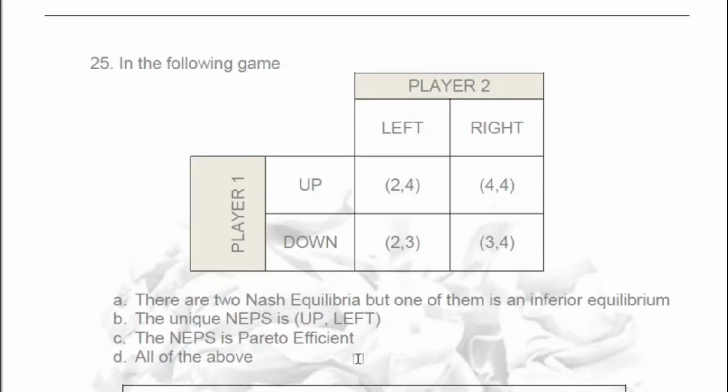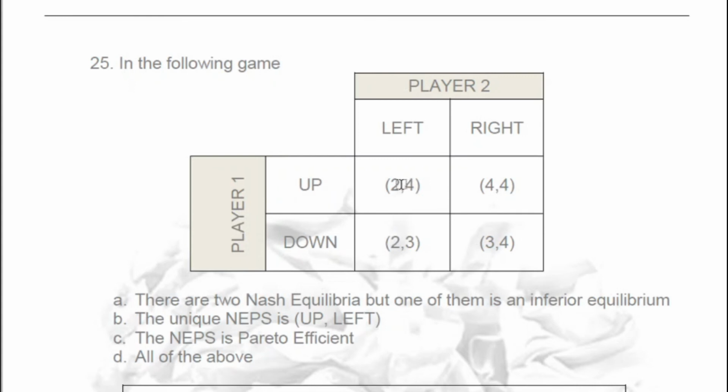In the following game, there are two Nash equilibria, but one of them is an inferior equilibrium, etc. Well, let's play it. If I'm player 1 and I think that player 2 will choose left, I could choose up and win 2, or I could choose down and win 2. Be careful.